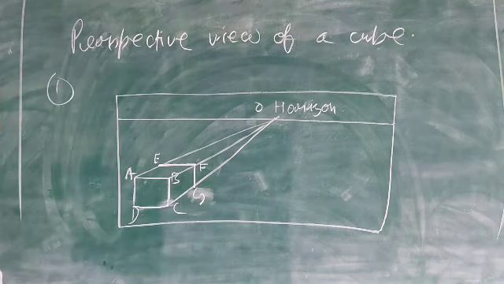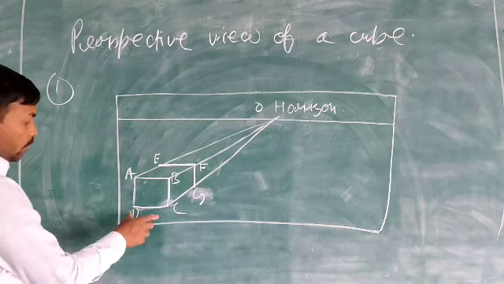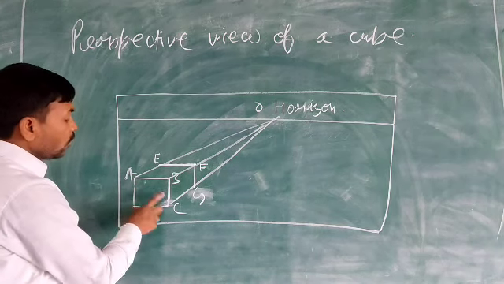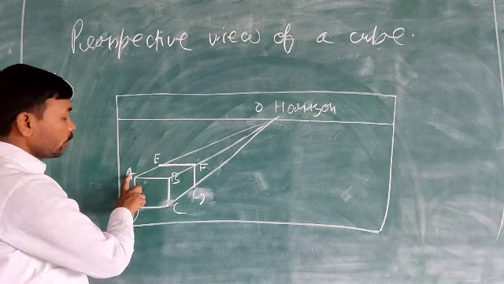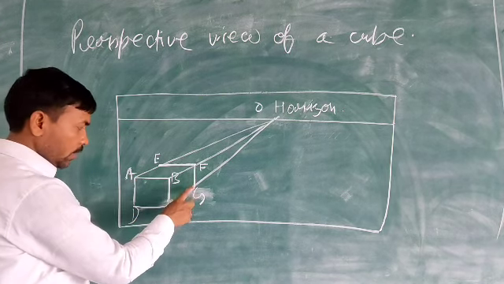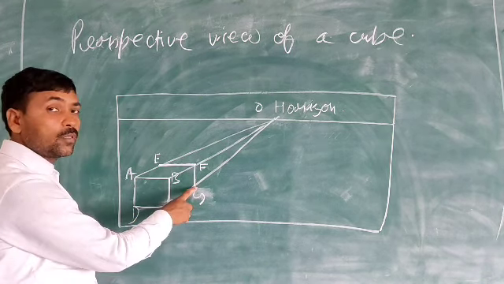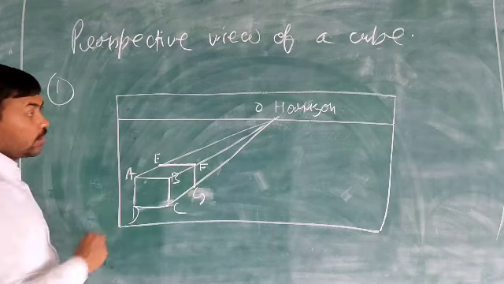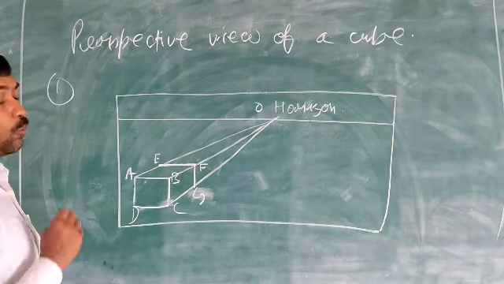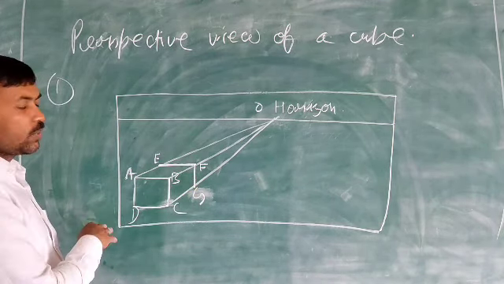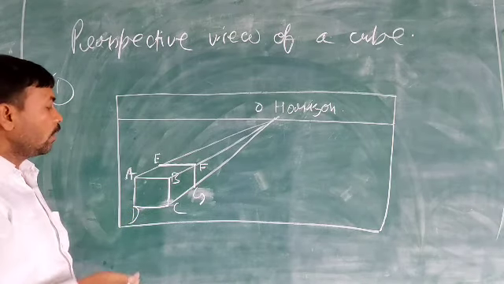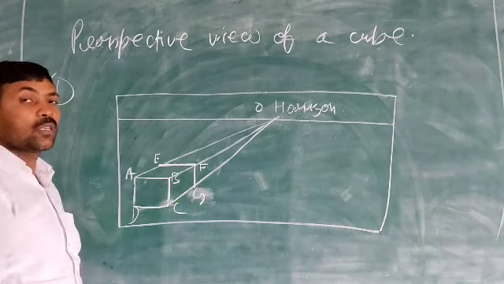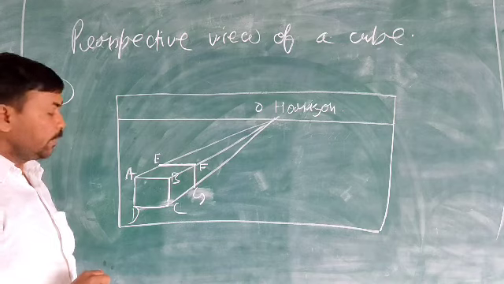Now see here, this is the length, this the breadth, and this one you can suppose the height. Since all the edges in a cube are equal, you can suppose any one as length, breadth or height. So this represents the remaining dimension.